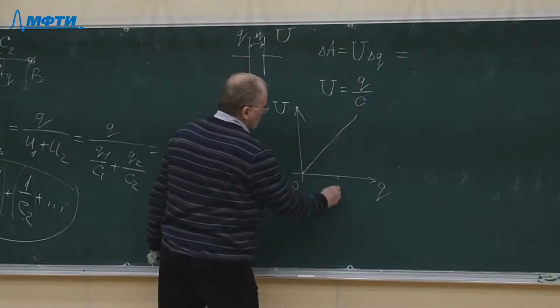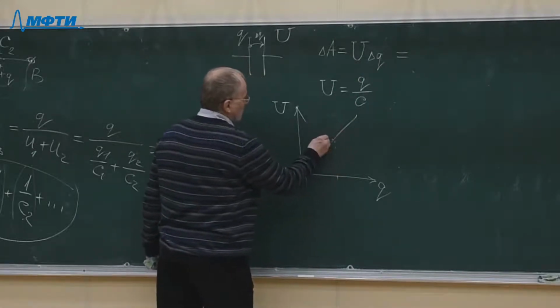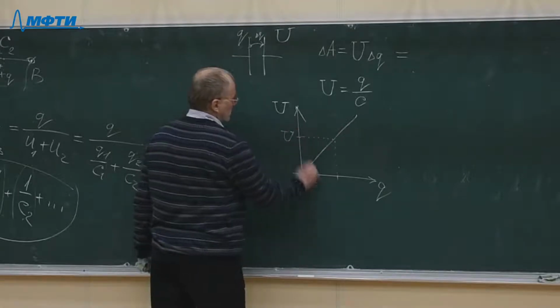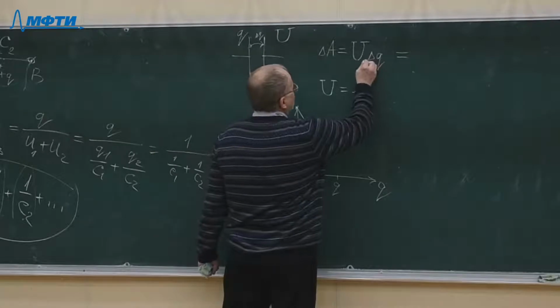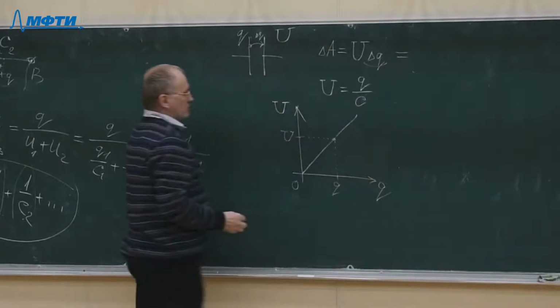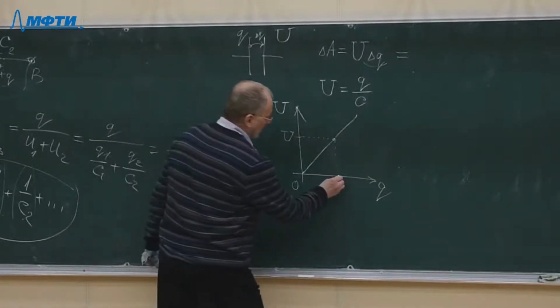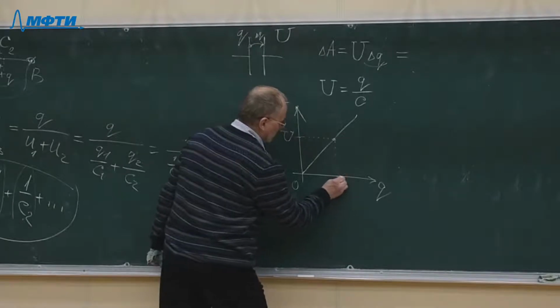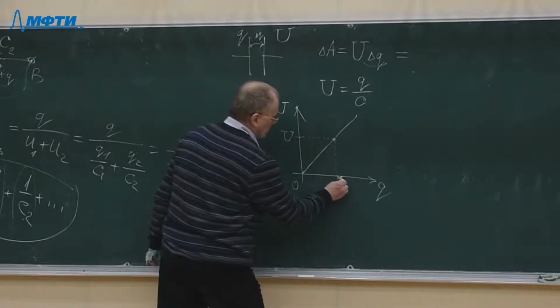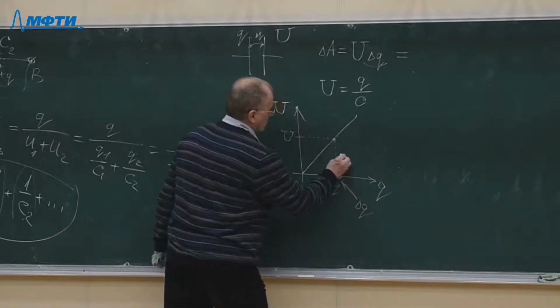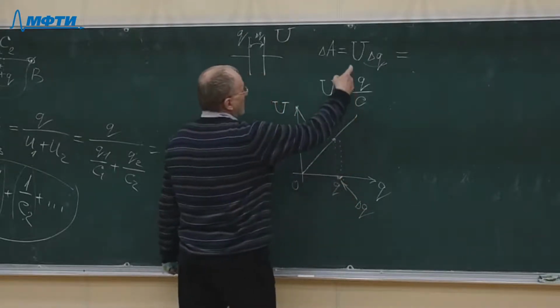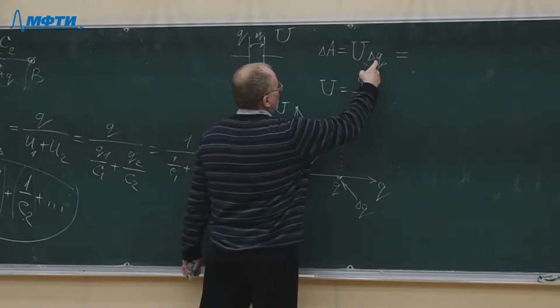And if we have some particular charge corresponding to some particular potential difference, then where will the small amount of charge be on this graph? That will be a small surplus to the charge, delta Q. And what is the potential difference multiplied by delta Q?